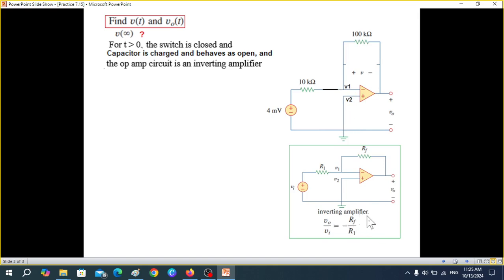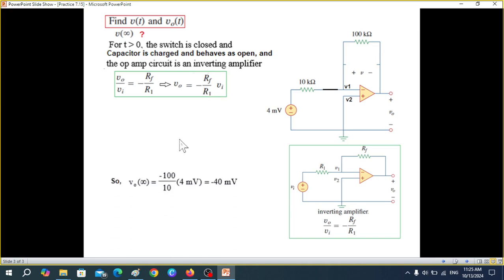And in an inverting amplifier, we have learned this formula, that V0 over Vi is equal to minus Rf over Ri. So we use this formula now to find V out, which is minus Rf over R1 times Vi.